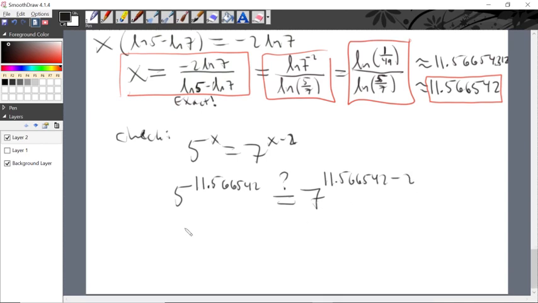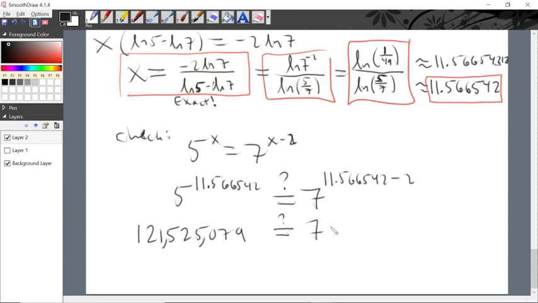So I'll go to the calculator and find out what 5 to the power of 11.566542 is equal to, and I get this massive number here, 121,525,079. Okay, is that equivalent to the right-hand side?